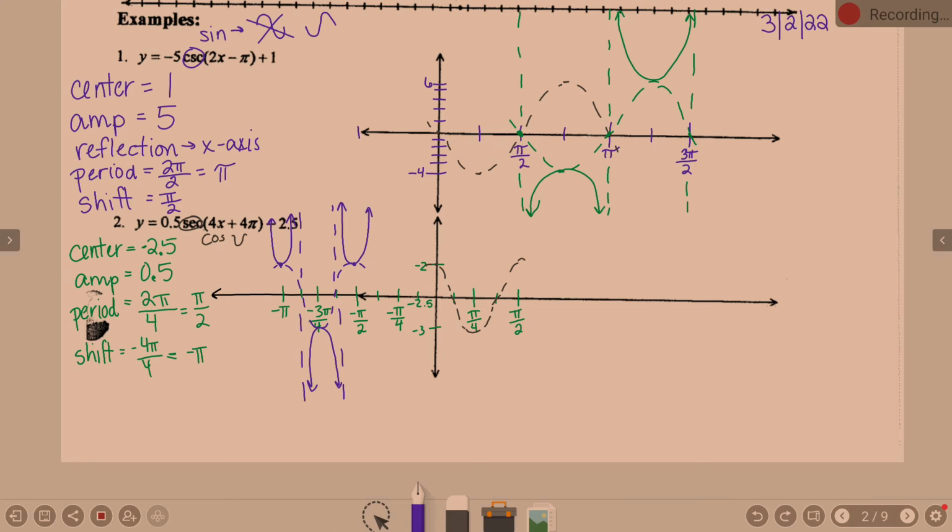My plan, do I have time, was to do number 3 on the back. It's doable. Thank you.